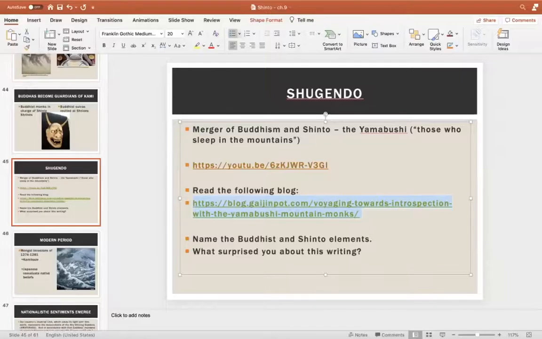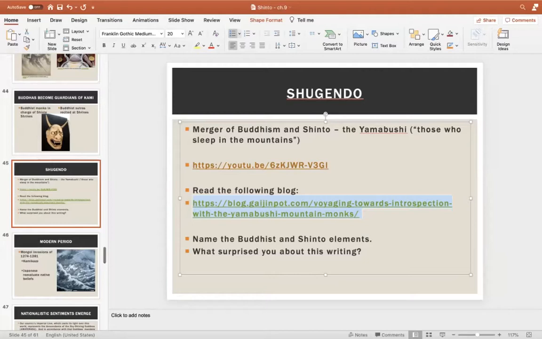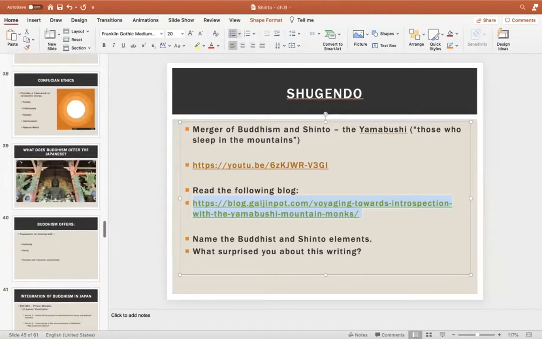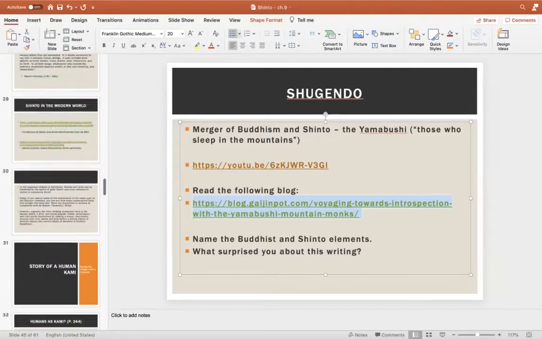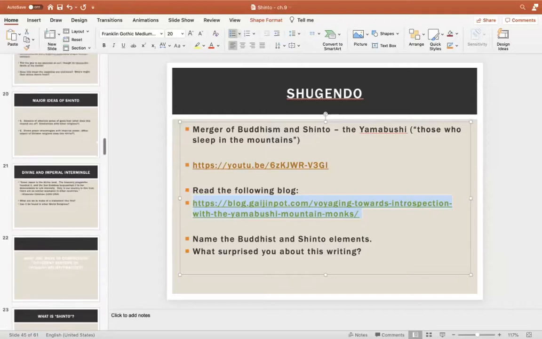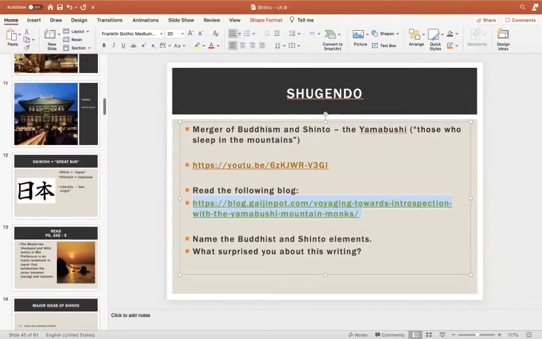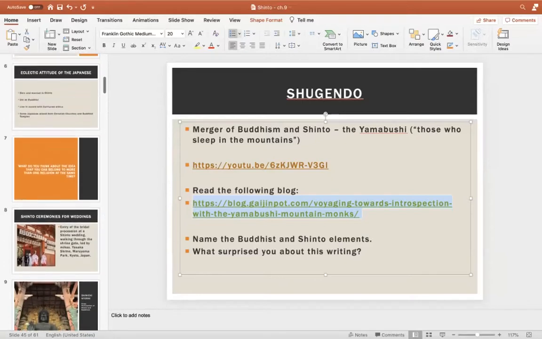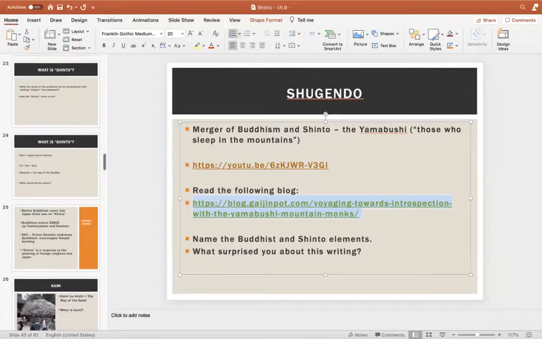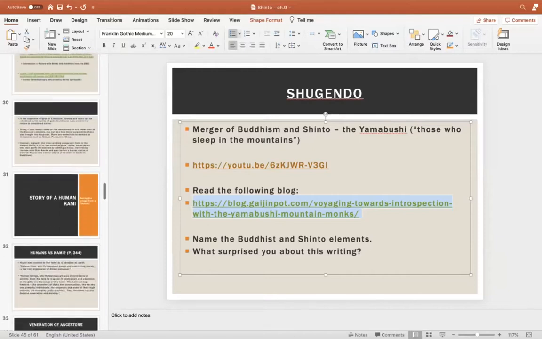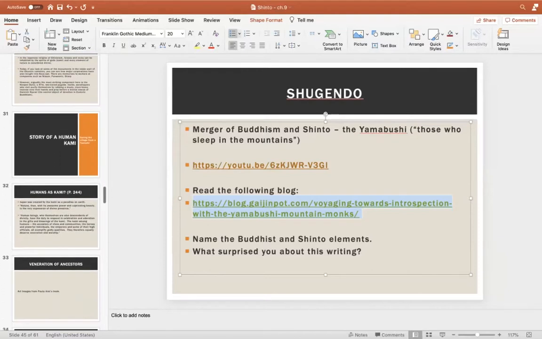This idea of the kami. Well, I can't find it right now, but it was hard to see.